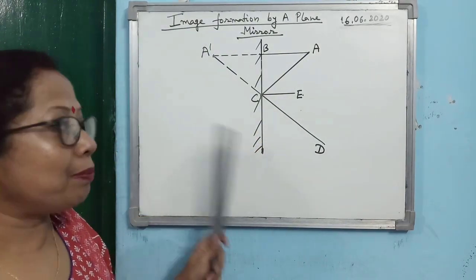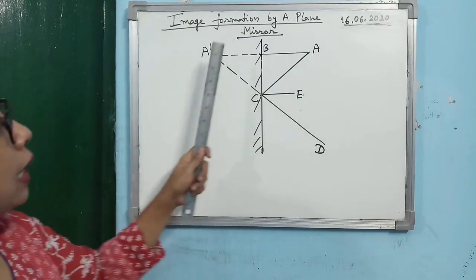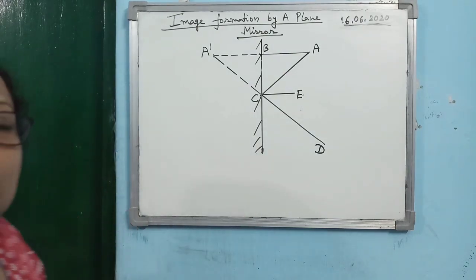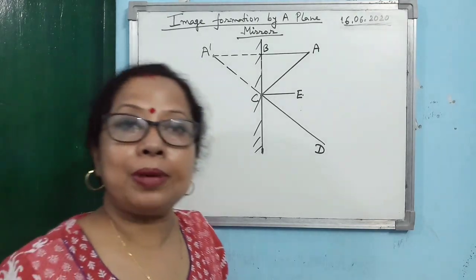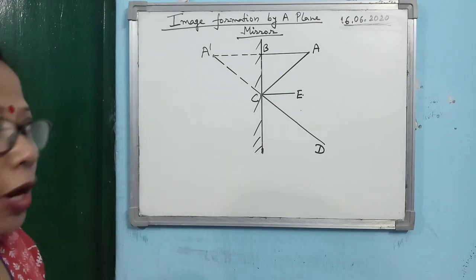But here remember, the object we have taken is a point object, so the image is also a point. So this is the way you can draw the image of a point object formed by a plane mirror. I hope the instruction is clear to everybody.